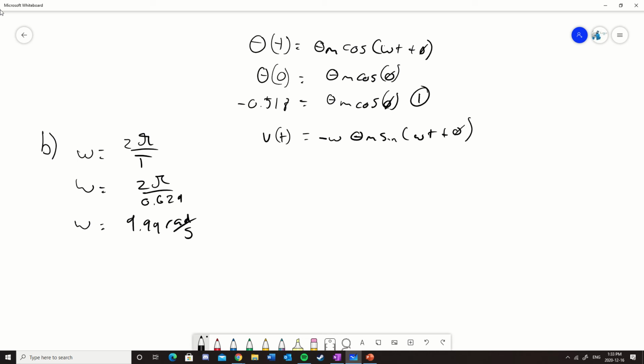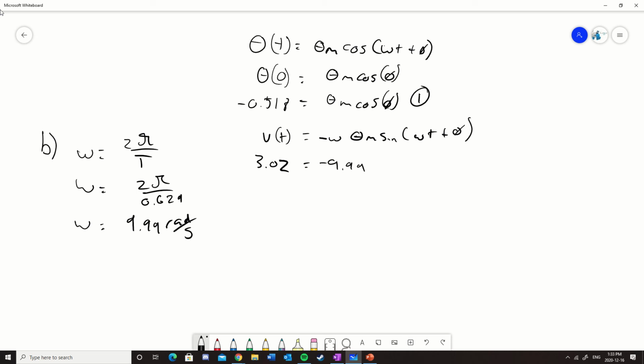Plus theta. And we plug in what we know. We know that it is equal to 3.02 rads per second. And we know already our angular frequency, which we found earlier to be 9.99.